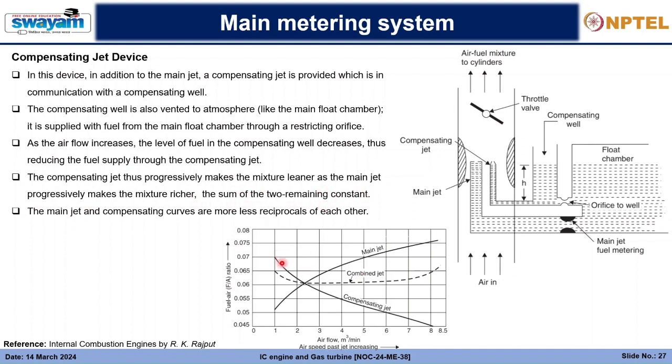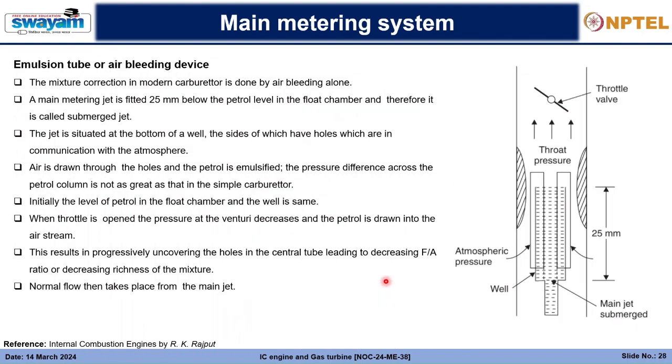You see, for the compensating jet, the fuel-air ratio decreases, making a very lean mixture, and for the main jet, the fuel-air ratio increases, and the sum of both becomes constant as a combined jet. So the main jet and the compensating curves are more or less reciprocals of each other. We can see that right now. So that is the compensating jet device.